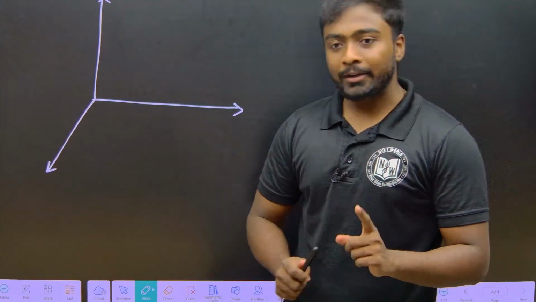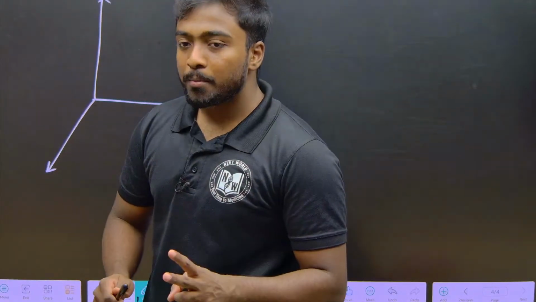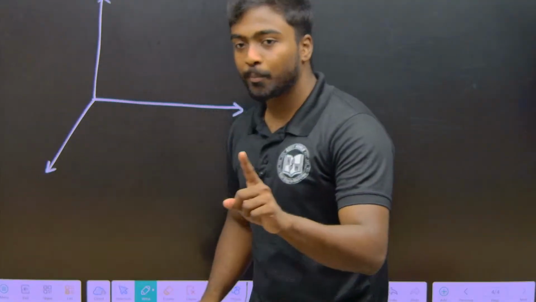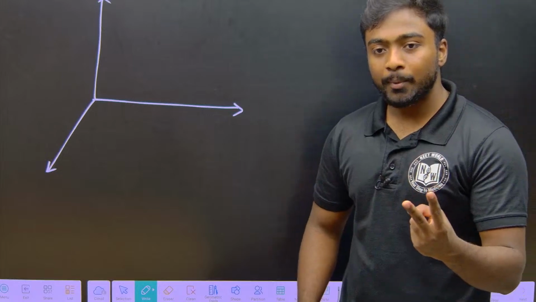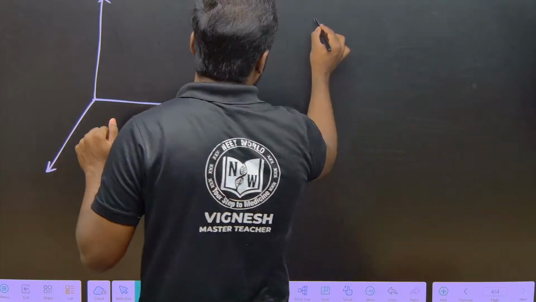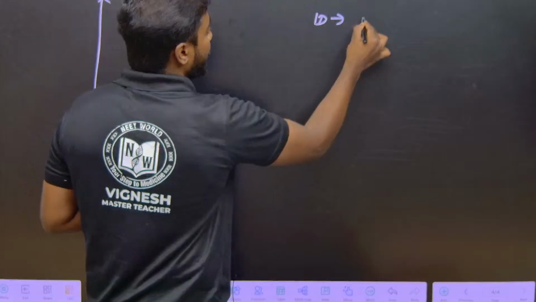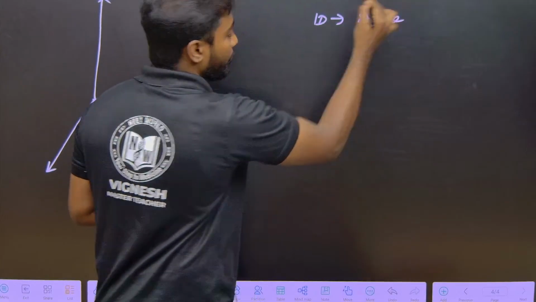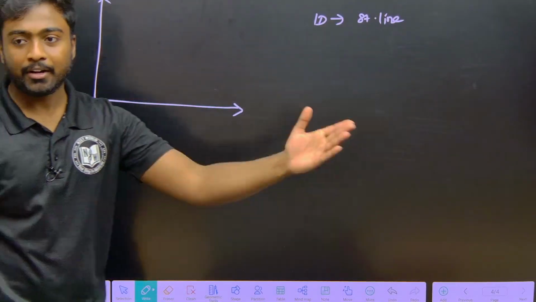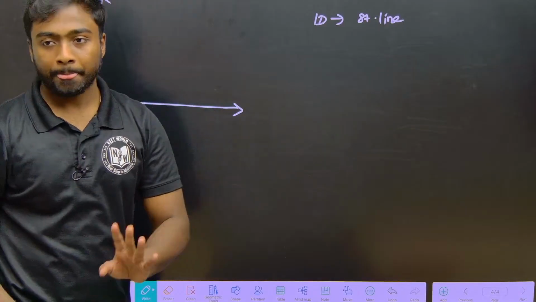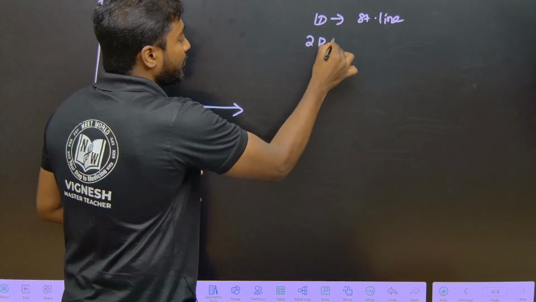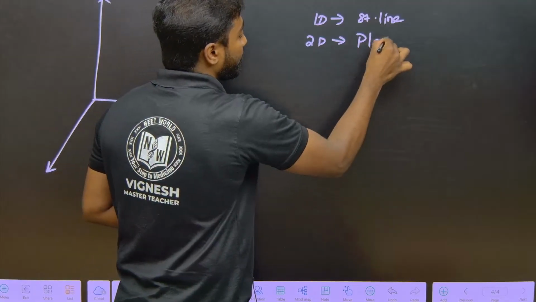One dimensional means the position of an object changes with respect to time in only one direction. One coordinate means one dimensional, two coordinates means two dimensional. One dimensional is nothing but a straight line, either front or back, or up or down.